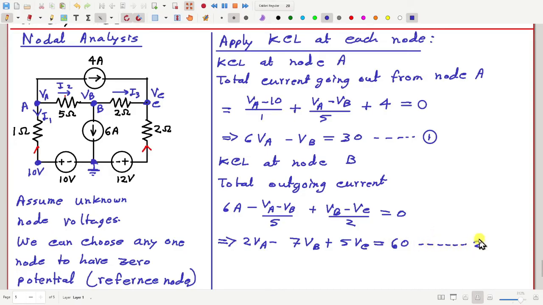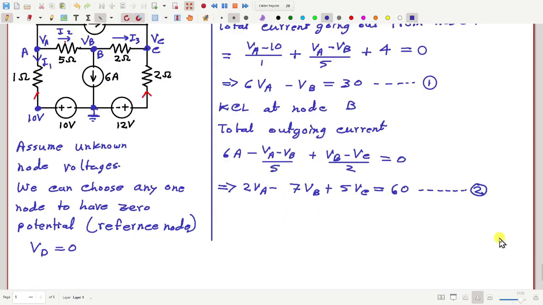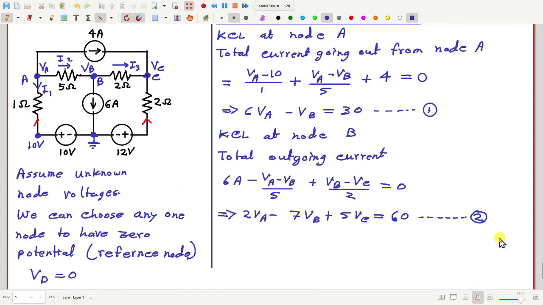This is another equation. And so similarly at node C, what will be the equation? Can someone dictate me, please? So first, the downwards current is how much? VC minus 12 by 2 downwards.